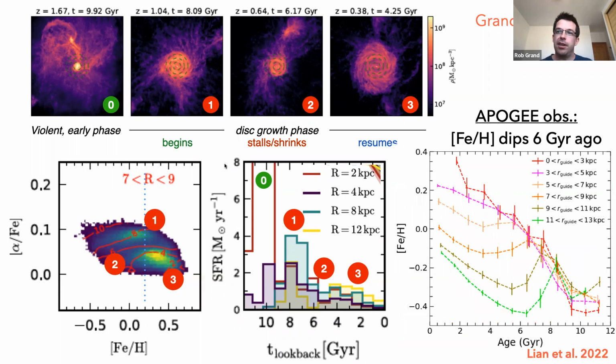Now, interestingly, I just want to point out this final thing. There's a recent observation from this paper by Lian et al. 22, who used APOGEE to look at the age-metallicity relation in the galaxy at different radii. These different colored lines refer to different radial regions of the disk. For this red and magenta line of the inner galaxy, you can see that as you get younger in stellar age, you get more metal rich.